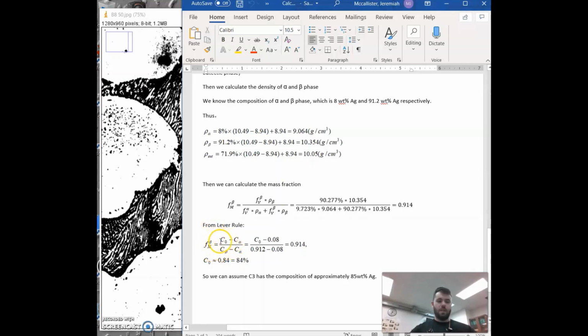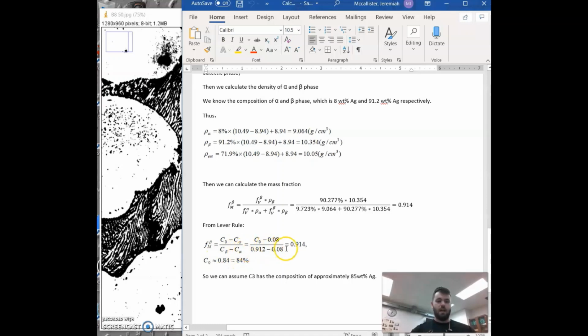And from the lever rule we can say that we have an unknown composition, C naught, but now we know our fractional mass, which in this case is 9.14. We plug in our C alpha, and we plug in our C beta minus our C alpha.